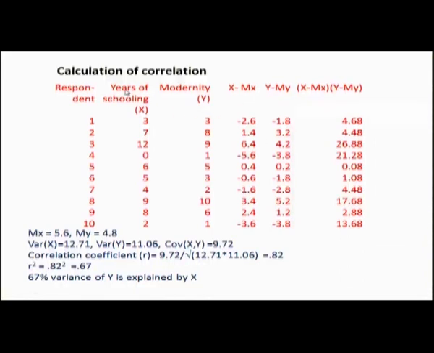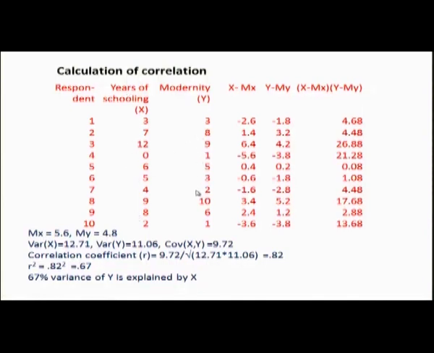Calculation of correlation coefficient. This is your data matrix, these are respondents, these are values of x, these are values of y. You calculate mean of x, mean of y by adding all these observations and dividing them by 10. Then variance of x, variance of this series.